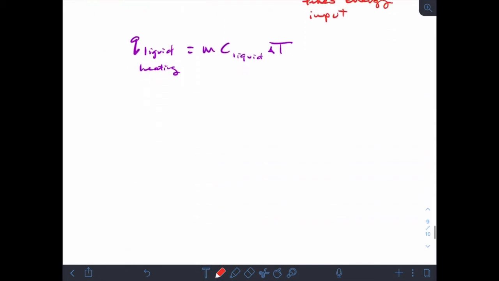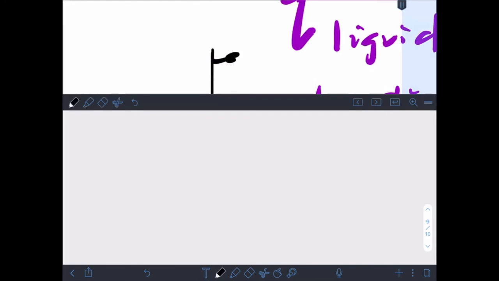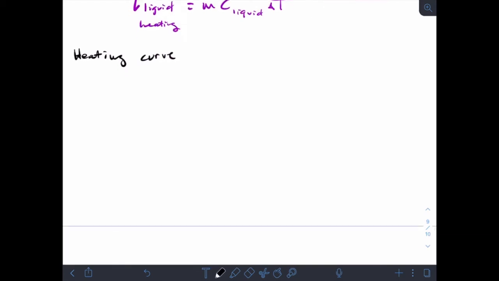All right, so let's keep on this subject and look at a new type of graph. Okay, so a heating curve. Okay. Heating curves show the relationship of Q to temperature and what phases are what.